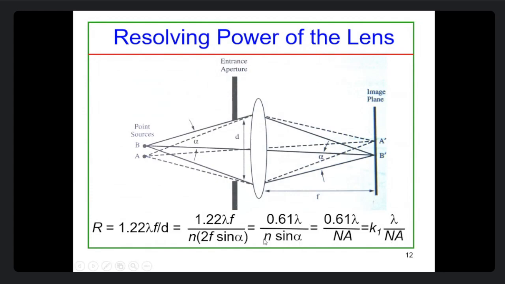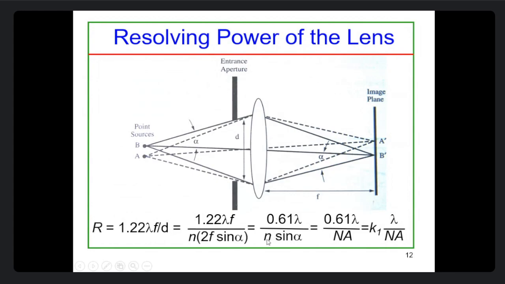It's related to n and alpha, sin alpha. Well, the higher the value of alpha, the more sin alpha will be. So this alpha, as I mentioned, is half of the angle of acceptance of this projector lens, or focusing lens. If you can increase this alpha, automatically the sin alpha will increase, which will basically make this R or W smaller.